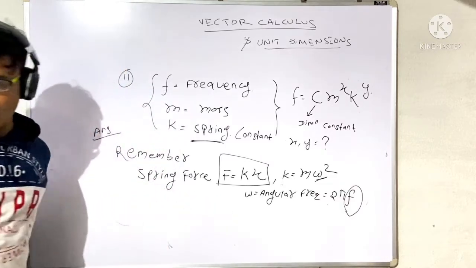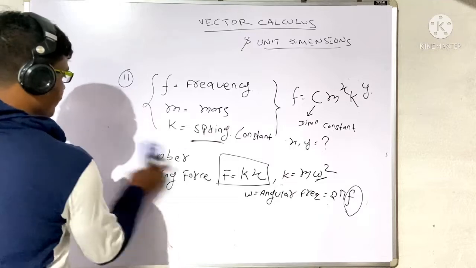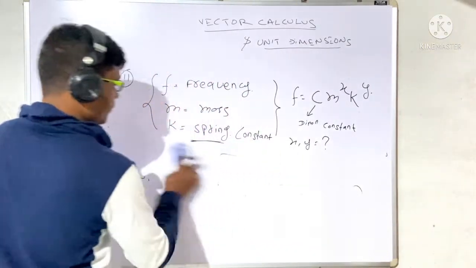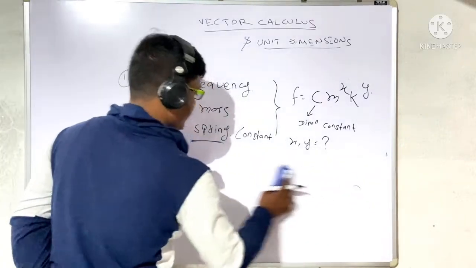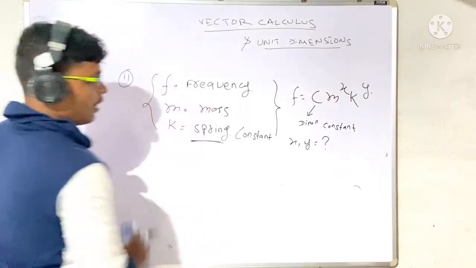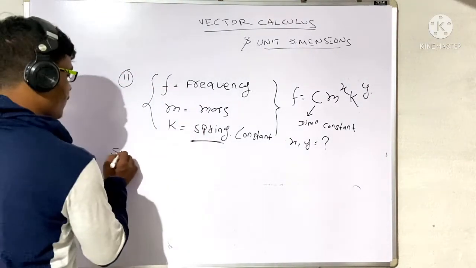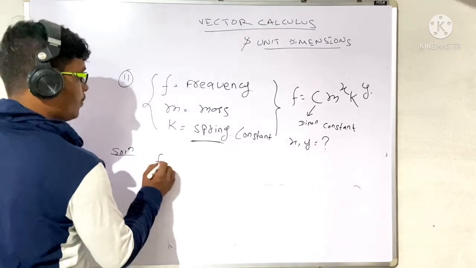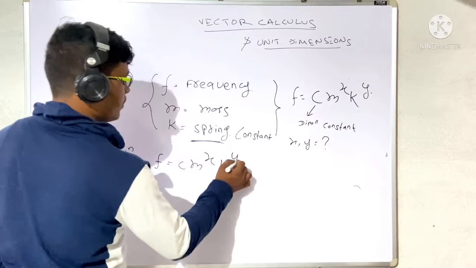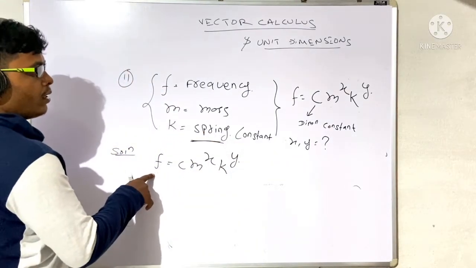Okay, let's go to our problem. Now the solution: f equal to c m to the power x k to the power y. What is f? F is the frequency.